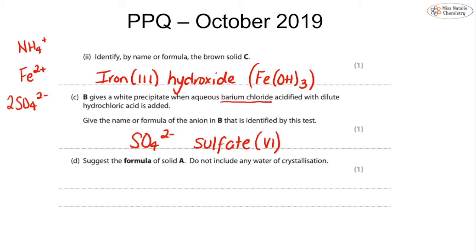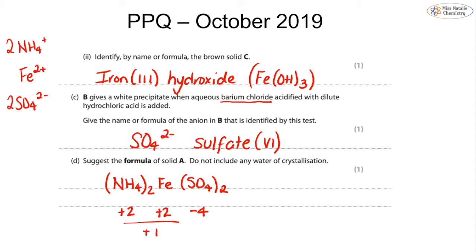We can then have 1 iron and 2 ammoniums. So let's then put that into our formula, where we have (NH4)2, 1 iron, and 2 sulfates, giving me a charge of 4 minus, 2 plus, and 2 plus, which gives us a 4 plus. So we're balancing out here.